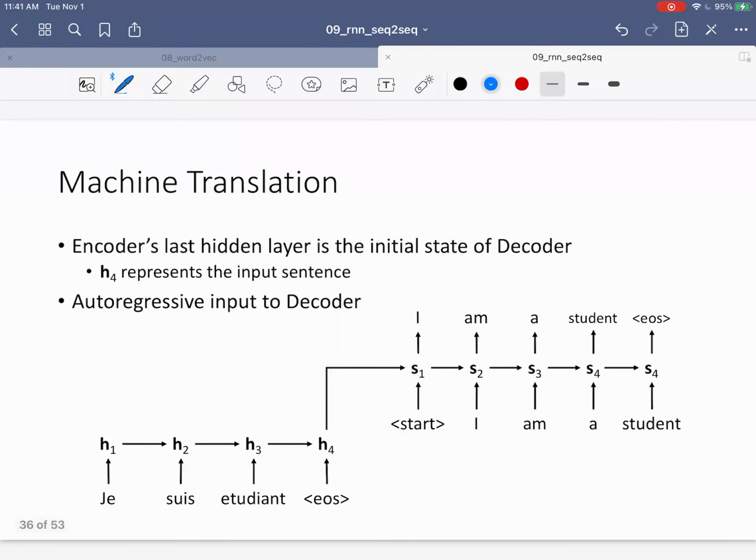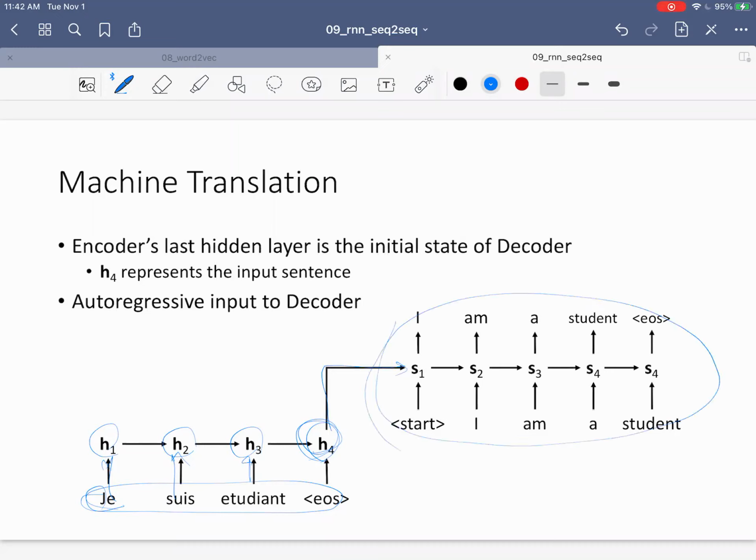This is the very first machine translation architecture. On the encoder side, you have H1, 2, 3, 4. H4 theoretically represents the entire sentence because it remembers all the words that were given at each time step. So H4 becomes your French sentence representation, and you use this H4 as an input to your decoder.